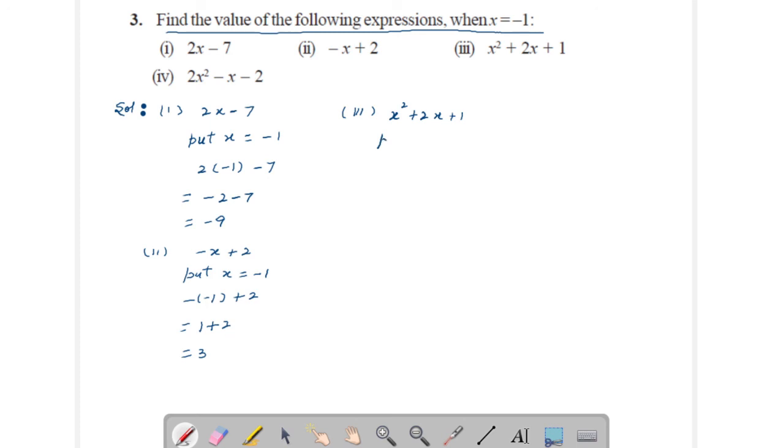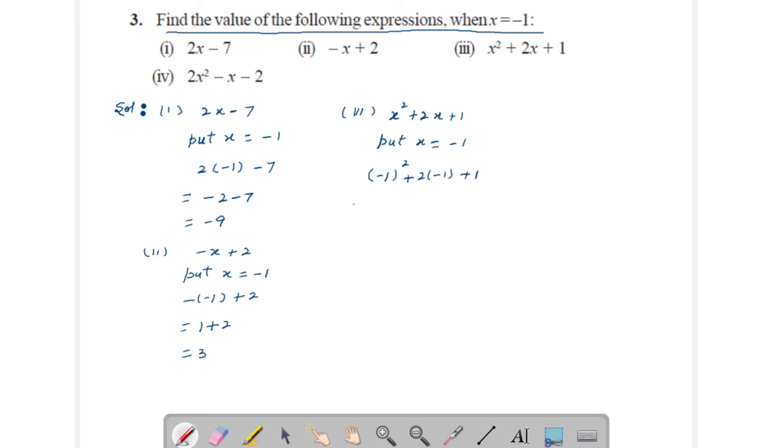Here put x is equal to minus 1. You will get minus 1 whole square plus 2, put the value of x, it is minus 1, plus 1.